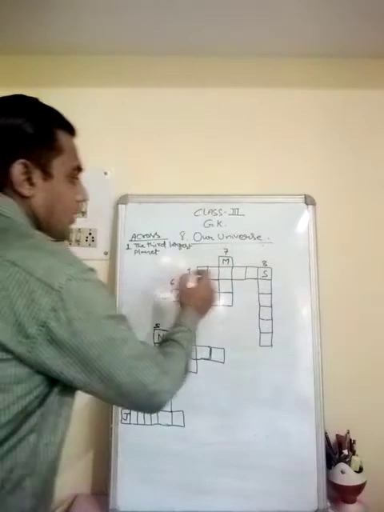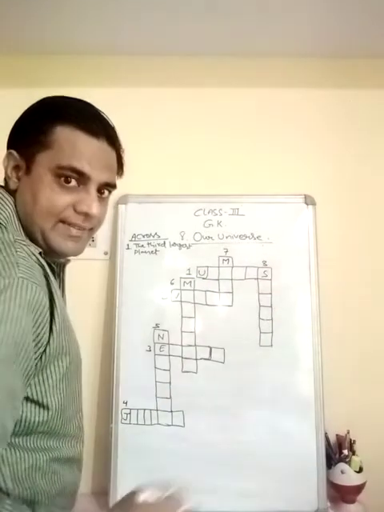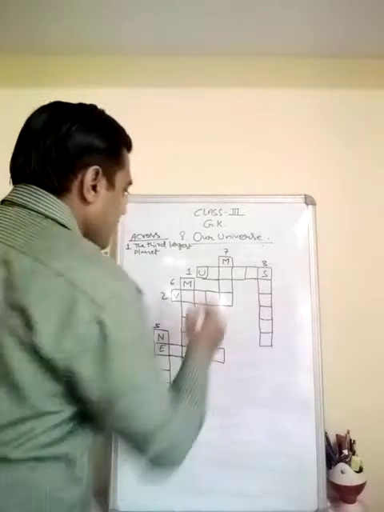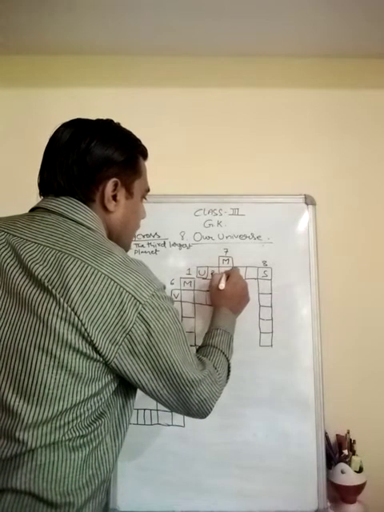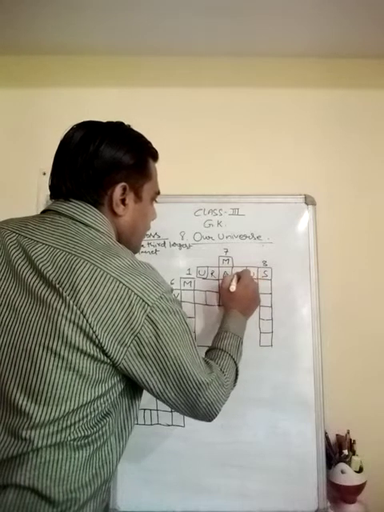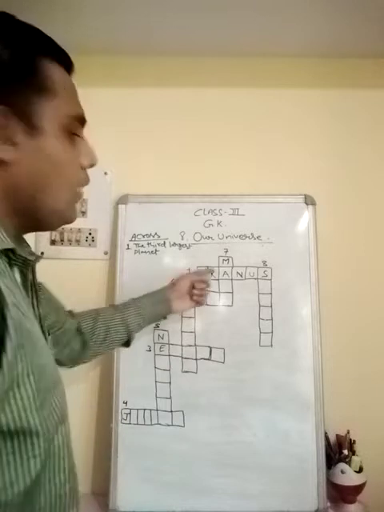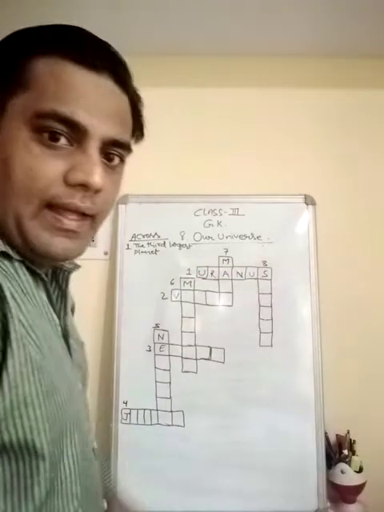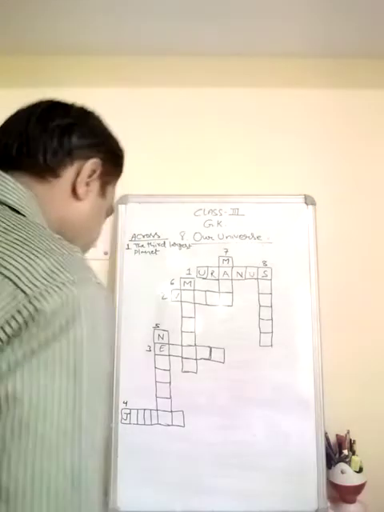So you have your across, starts with U, ends in S. What can it be? Let's start adding. U-R-A-N-U-S. Uranus. That's your number 1.